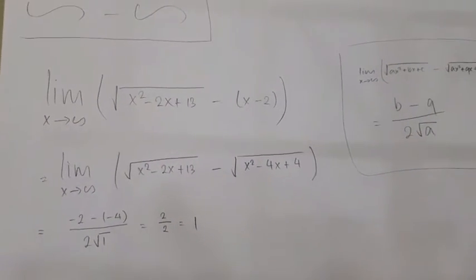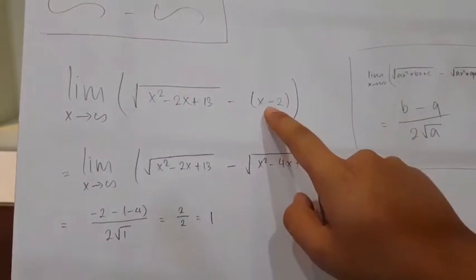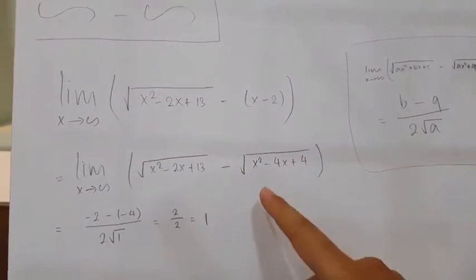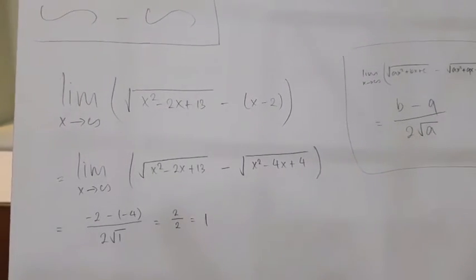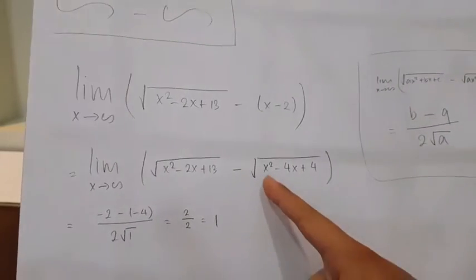So what we can do here is rewrite this into this form, which is basically x minus 2 square root, which results in this.